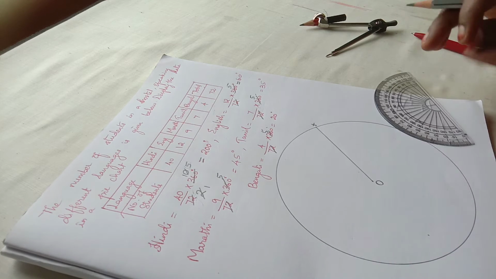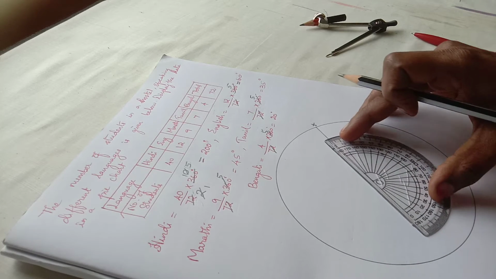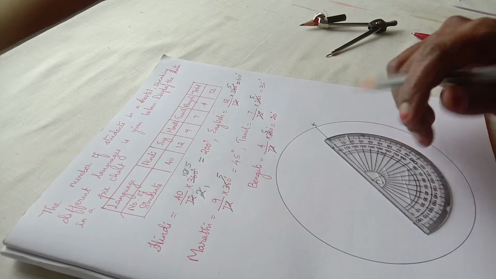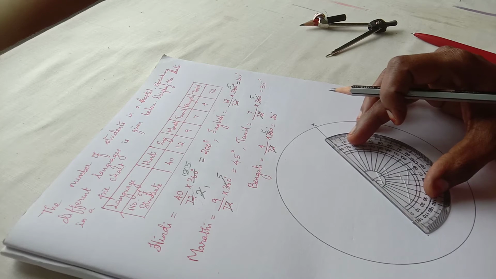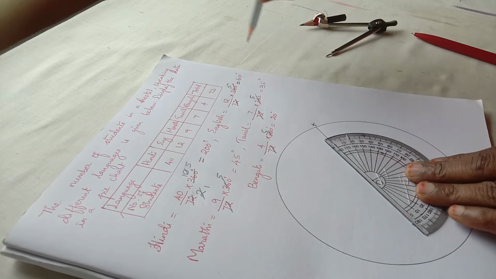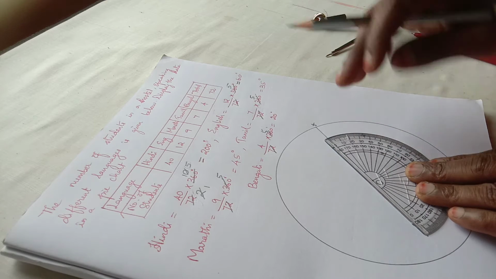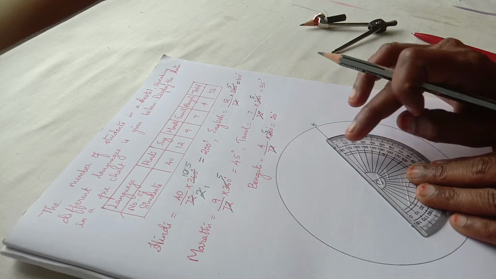This is 180 degrees. Now keep it like this, the center of the protractor, and adjust, because it is 180 degrees only. Now 180 means you will get a straight line, that is a straight angle. So you can adjust the center and this baseline correctly.